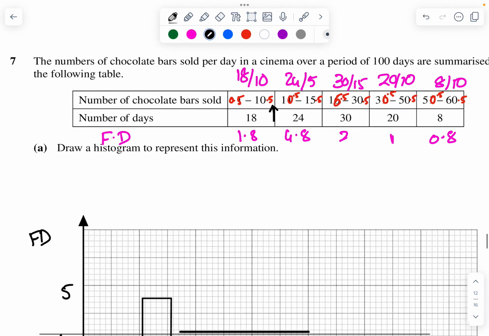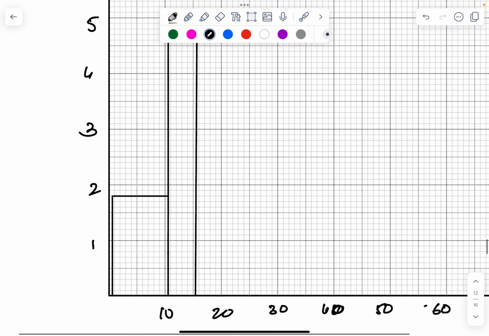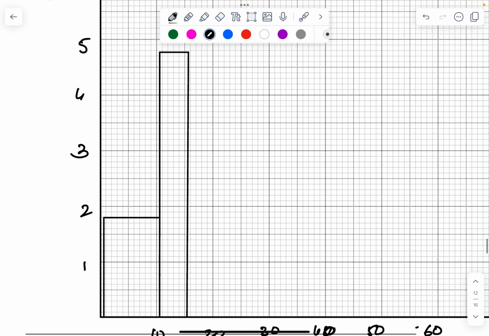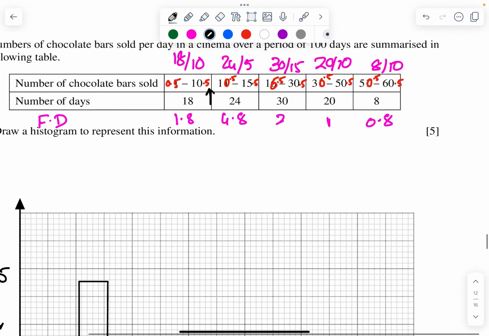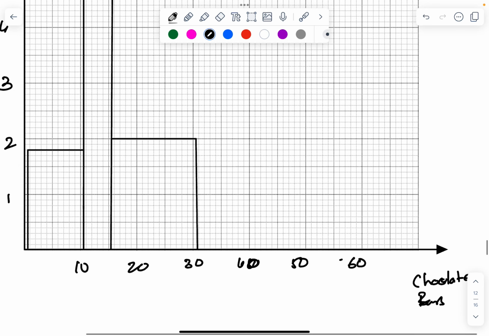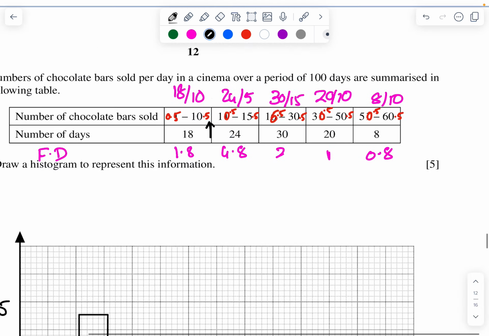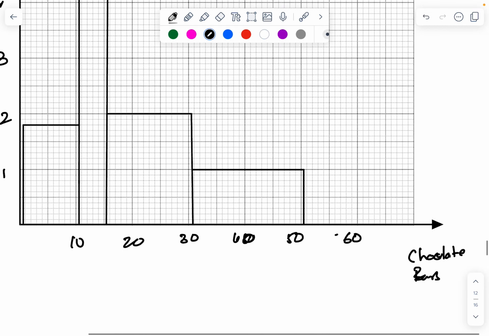Then 15.5 to 30.5 is 2, going till 30.5. Then 30.5 to 50.5 is 1. Then 50.5 to 60.5 is 0.8.